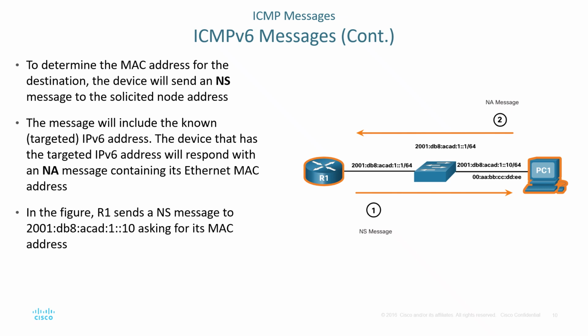So in this figure here, R1 sends an NS message to 2001:DB8:ACAD:1::10, asking specifically for its MAC address. So a message to a solicited node is going to a particular device.